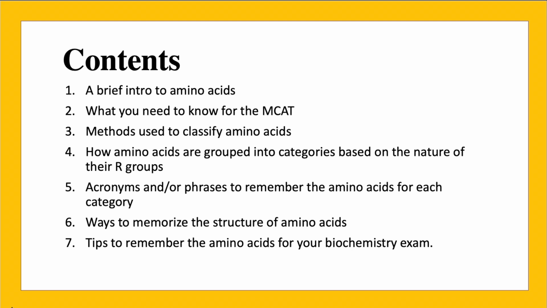More specifically, this video will discuss the following: a brief intro to amino acids, what you need to know for the MCAT, methods used to classify amino acids, how amino acids are grouped into categories based on the nature of their R groups, acronyms and phrases to remember the amino acids for each category, ways to memorize the structure of each amino acid, and general tips to use if you want to make up your own acronyms or phrases to remember the amino acids for each group.